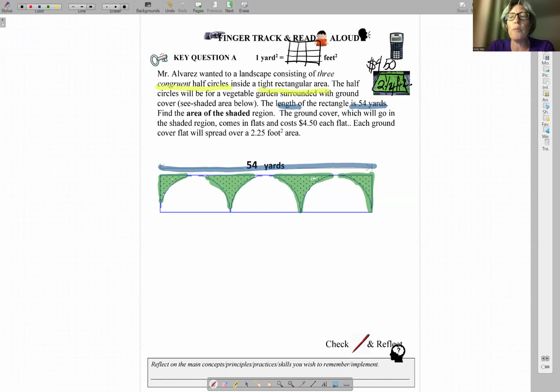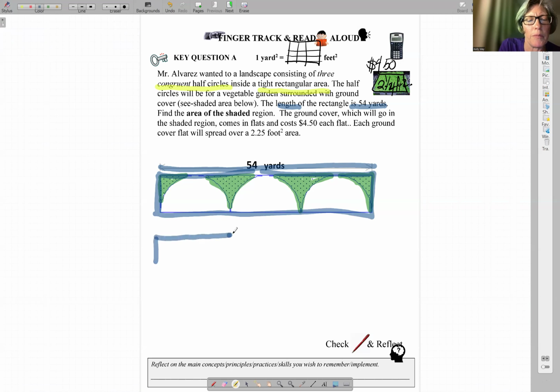So in this problem, in order to get the green, you should basically realize that we're going to find the area of the rectangle, and we're going to find the area of the circles.